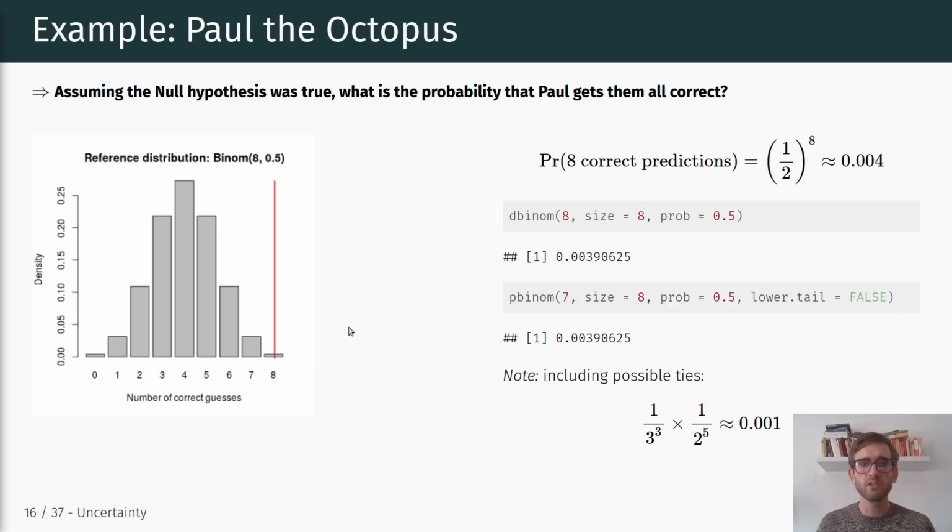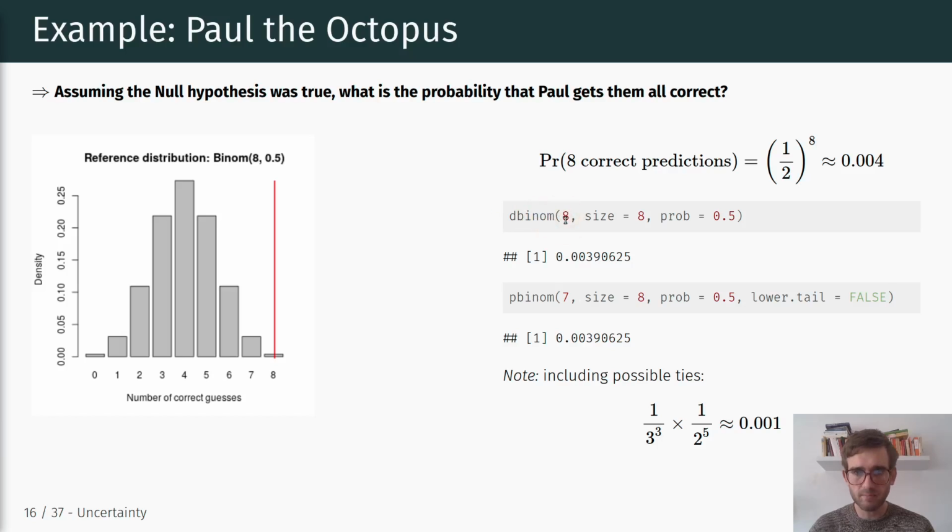All right. We can also, of course, directly do this analytically. The probability of 8 correct predictions, assuming a success probability of 1/2, is just 1/2 to the power of 8, and that's equal to around 0.004. We can also compute the same probability in R using 2 different commands which are equivalent, and I just wanted to point both options out.